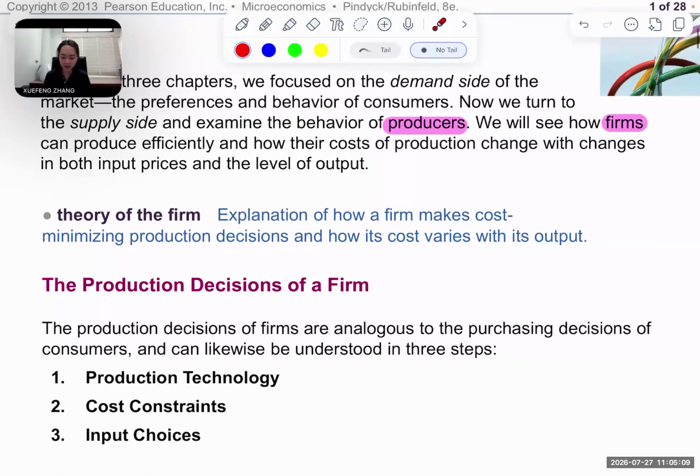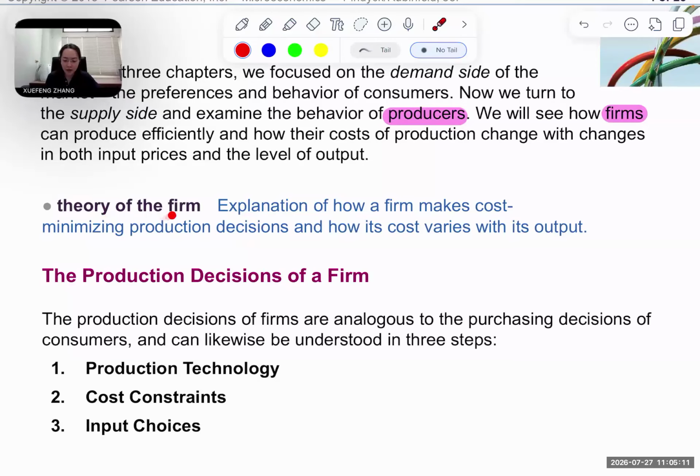All right, so let's look at the theory of the firm, explanation of how a firm makes cost minimizing production decisions and how its cost varies with its output. So it's just about how a firm decides how to produce at the lowest possible cost, right? Cost minimizing.